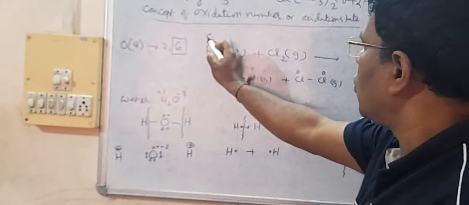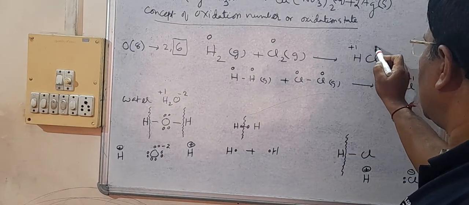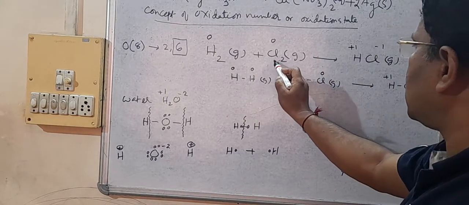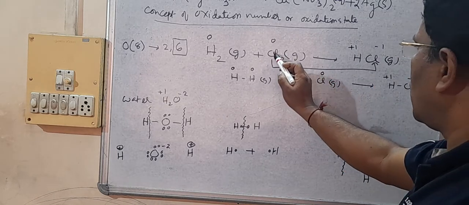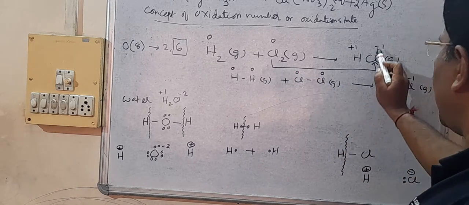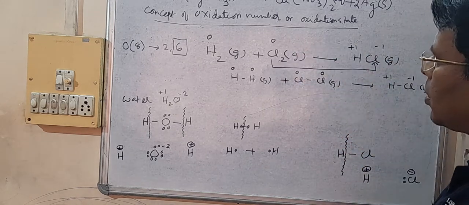Okay, so oxidation number has been written. Now you see, we write here 0. We write here 0 oxidation number. Here it is +1. Here it is -1. Now if you see from here to here, 0 to -1, what has happened?